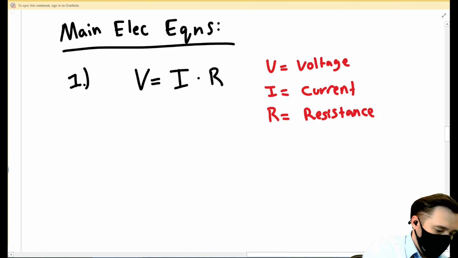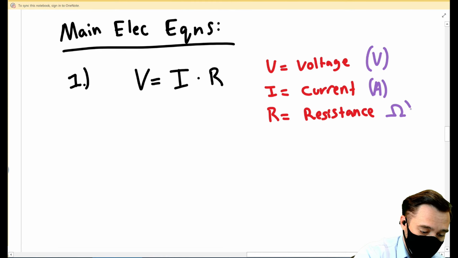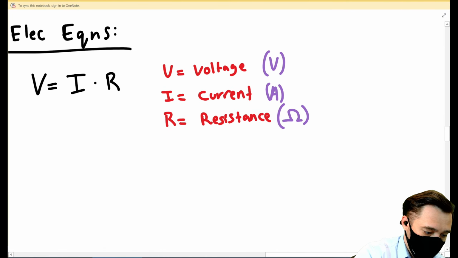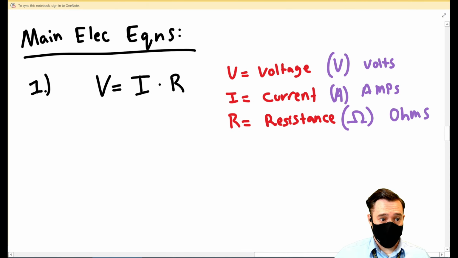So we're going to have V for voltage, capital A for amps, and then an ohm symbol for ohms. So that's the first equation.